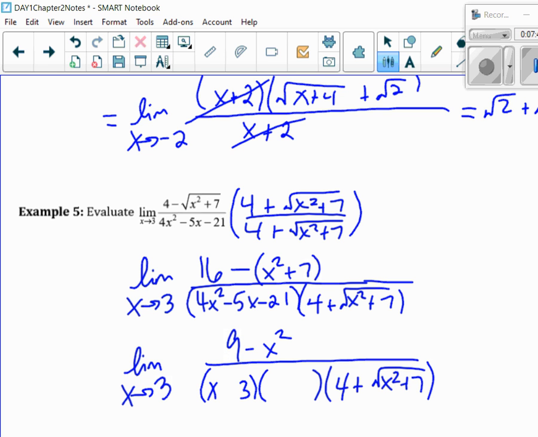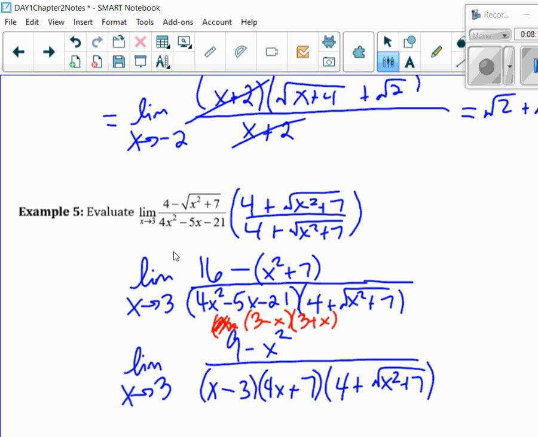Because I know on top is going to be an x. No, this is a minus. This is a plus. Okay, just to save writing, I'm going to write 3 minus x times 3 plus x.